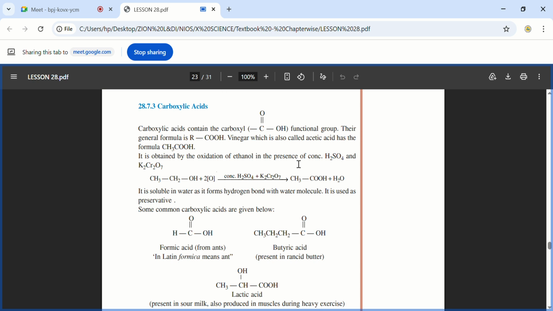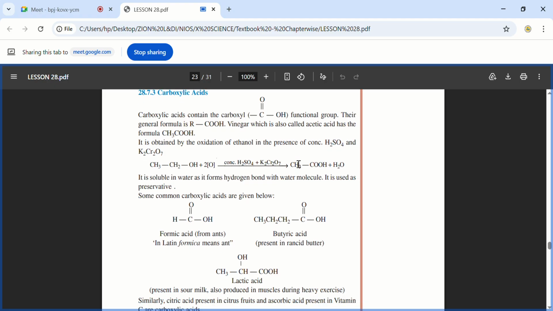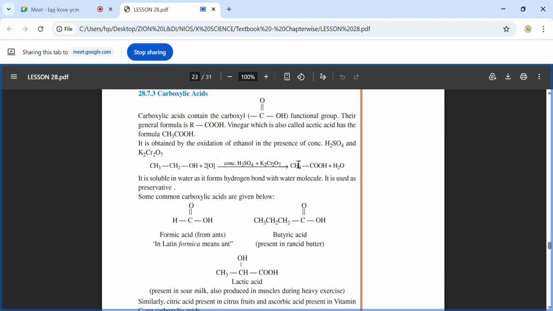So underline the formula of the carboxylic acid, C double bond OH, OH. The suffix given is oic acid. The first ever compound is HCOOH, that is called formic acid, which is present in red ants and other such things.